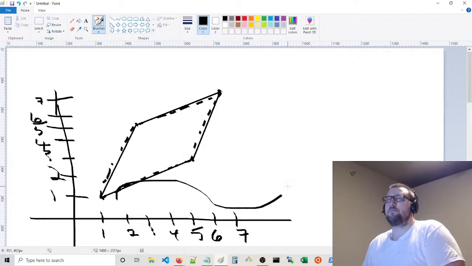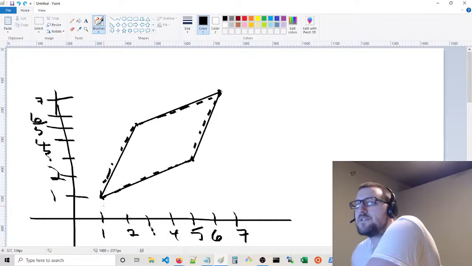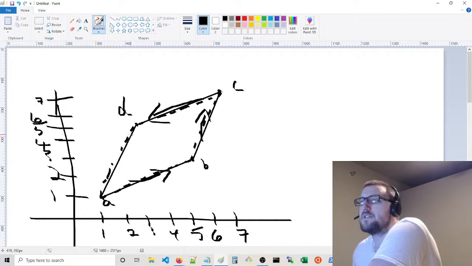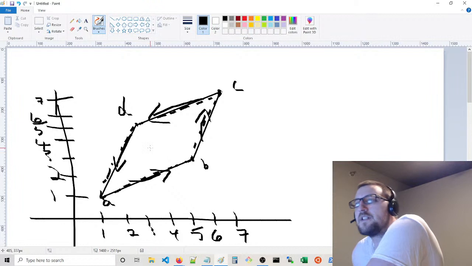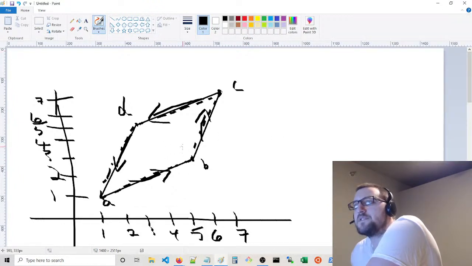Now, for some reason, my algorithm showed this as true, that this was in fact a square. So 1 1 to 5 3, A, B, C was 7 7, and then back down to 3 5 was D. So from here to here, here to here, here to here, here to here, these are the vectors that we picked. And somehow this returned a square.